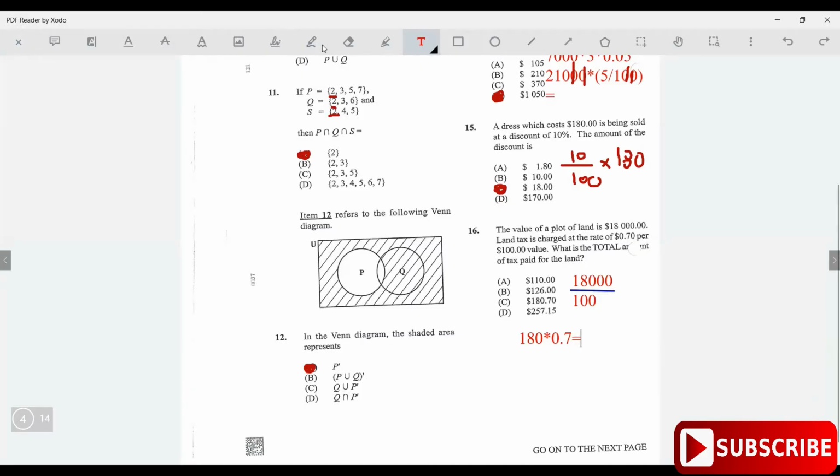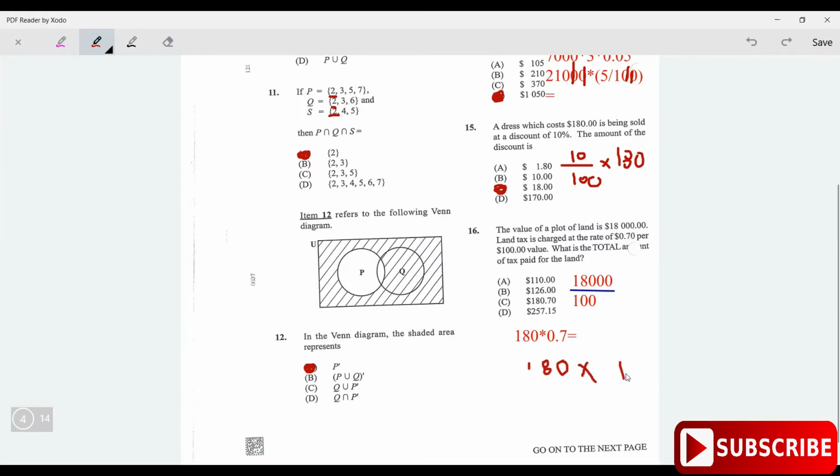All right, I was doing it in my head, but it's best when you just do it this way. 180 times 0.7. 0.7 is really 7 over 10. Sometimes you can get flustered in your mind, so do it like this. This 0 cancels this 0. 18 times 7, 7 8s are 56, so you get 6. 18 times 7 is 126. And you get your option B. Easy.